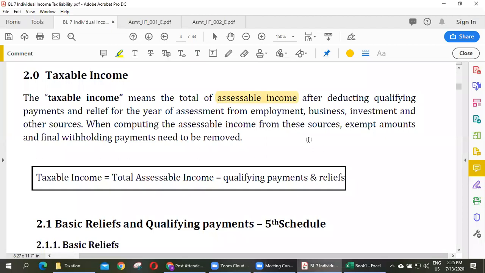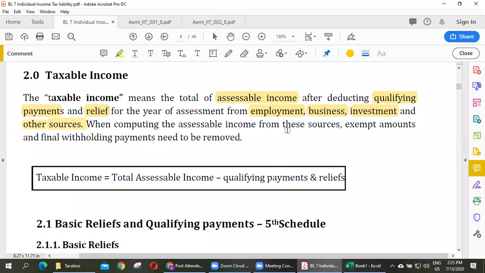So the taxable income means the total of assessable income after deducting qualifying payment and relief for the year of assessment from employment, business, investment, and other sources.